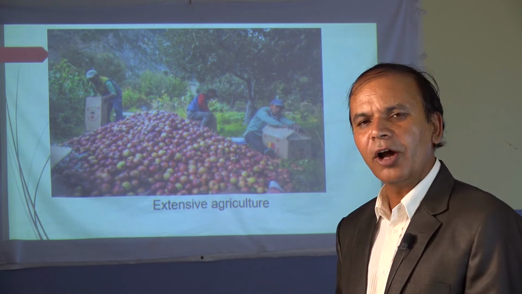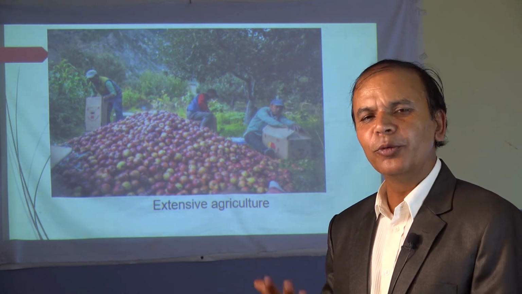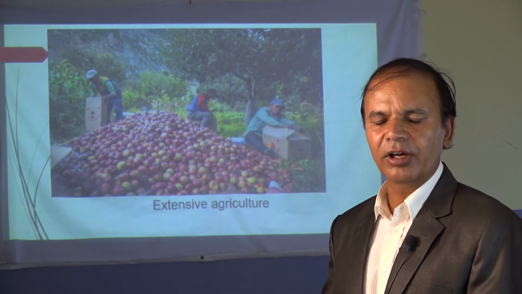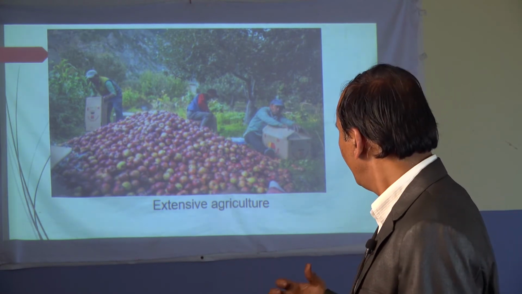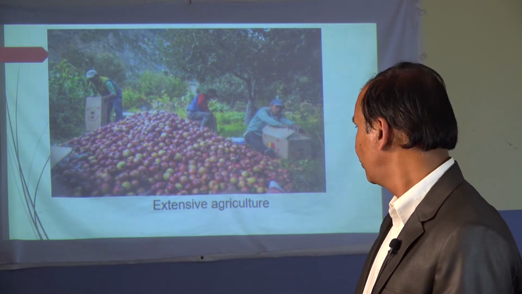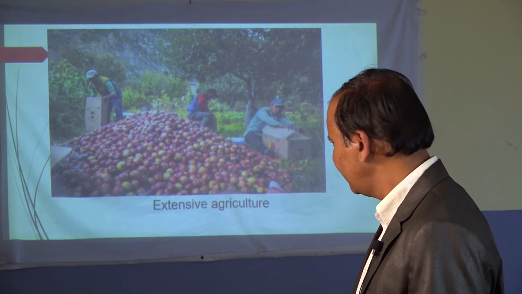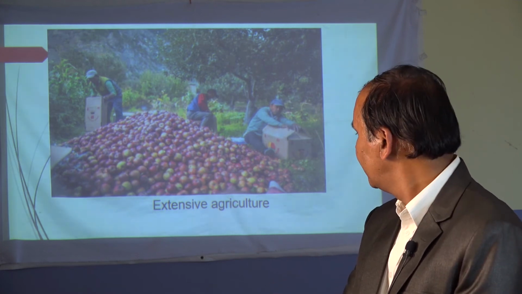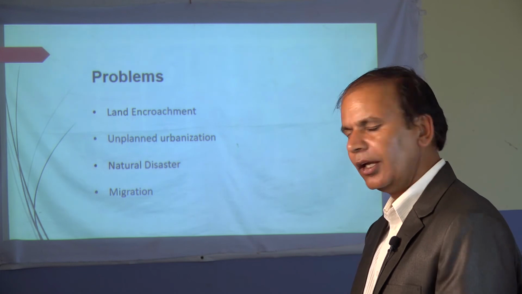We are poor now. If we use new technology or improved seeds or breeds, then we can uplift our standard of living through it. So it is a potentiality that we people living here can use for a better economy.